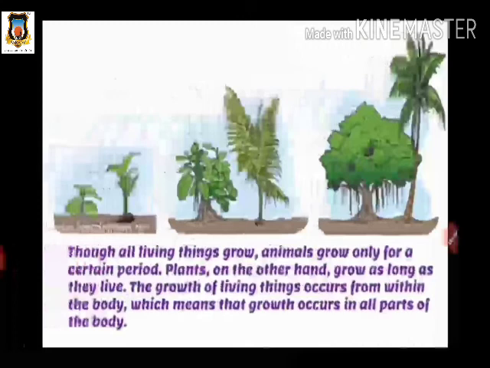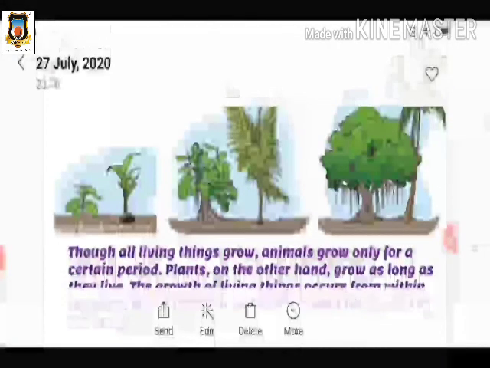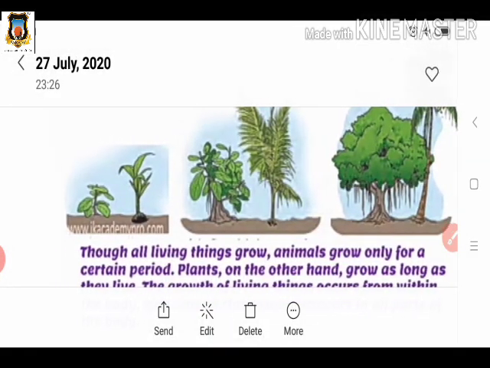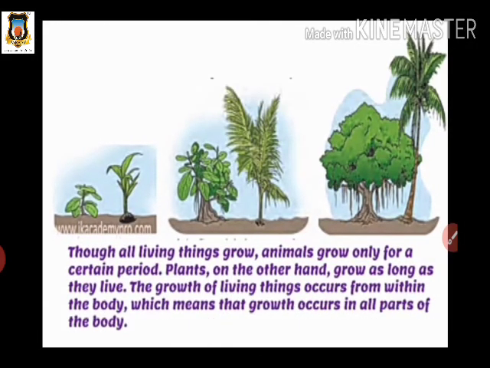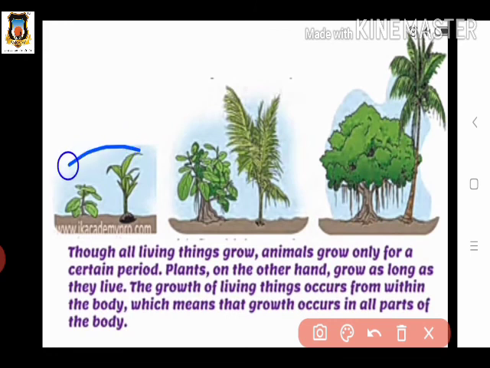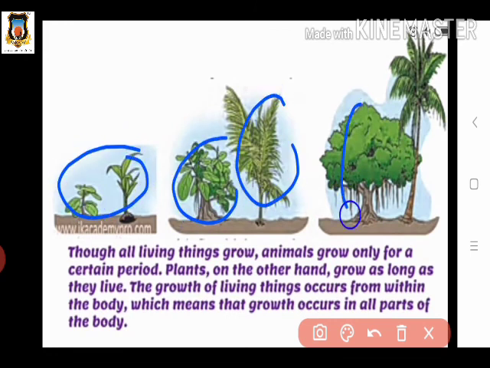So here we see how living things grow. Animals also grow for a certain period of time. But if we see the growth of a plant, what happens? If we see this image, this is a small plant, okay? After a certain period, it grows. It becomes tall, okay?